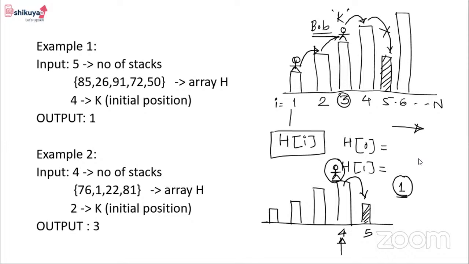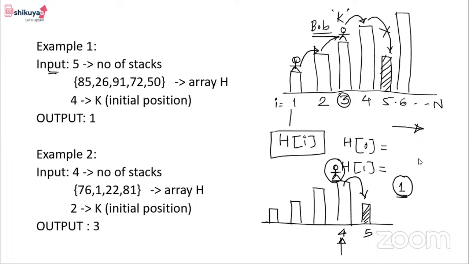In the example, the input is given. What should be the input? Suppose the first input is 5, which represents the number of stacks. So in a program, first of all, we need to give the input. That input will represent the number of stacks.